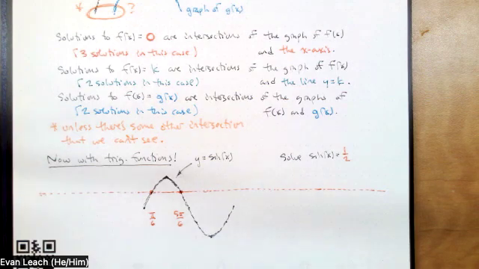Thinking back to the stuff that we've done before, that'd be 30 degrees in quadrant 1 and quadrant 2, or pi over 6 radians in quadrant 1 and quadrant 2.